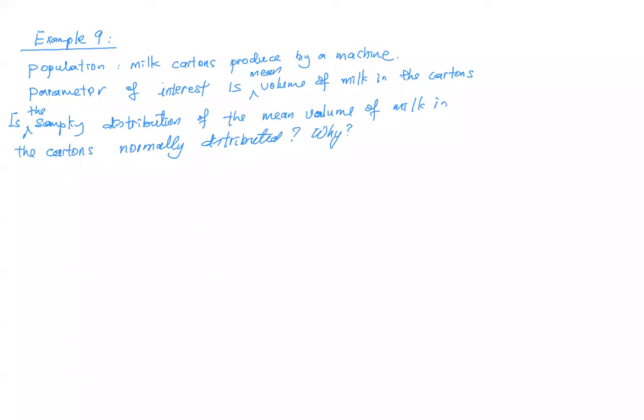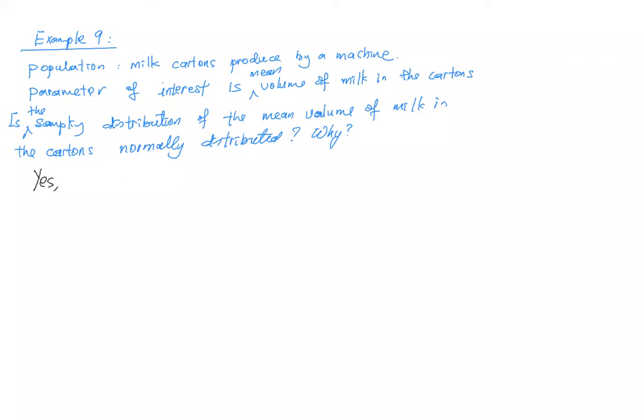Okay, Ashley, is the sampling distribution of the mean volume of milk in the cartons normally distributed? Why? Answer, Ashley? Normally distributed. Yes. Okay, why? Because it's stated in the question.